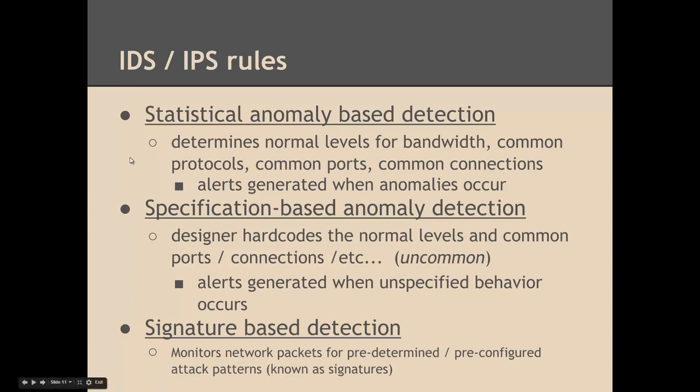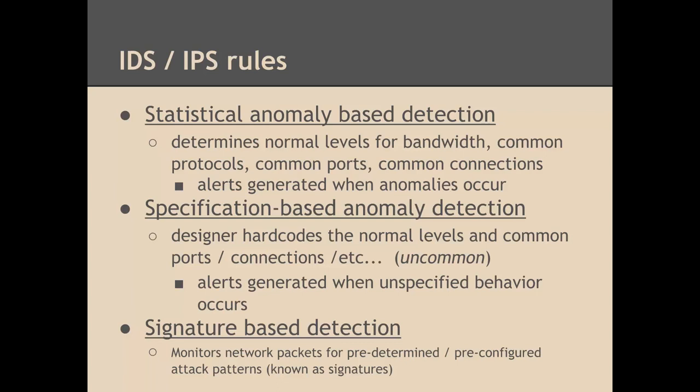And then there's also anomaly-based detections, and the two worth talking about are statistical-based anomaly detection and then also specification-based. Specification-based is summed up best by, if you have a rule, you might have a rule saying if the amount of peer-to-peer traffic exceeds 10% of all the traffic on the network, log that event or take this action.